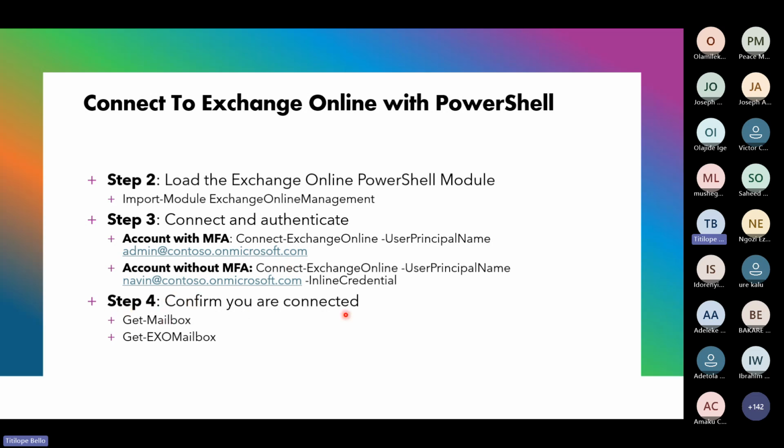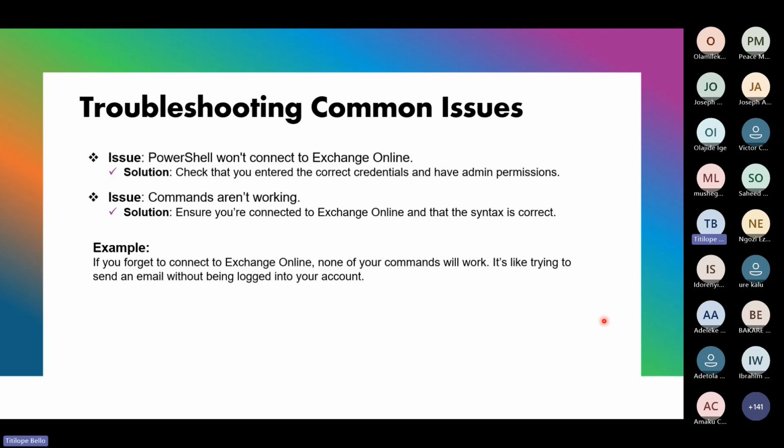Then the next step is to confirm that you are connected. To confirm, you can type Get-Mailbox or Get-EXOMailbox. It's going to give you the list of all the mailboxes that you have in Exchange Online. That tells you that now you are in your tenant and you can start other tasks that you might have.